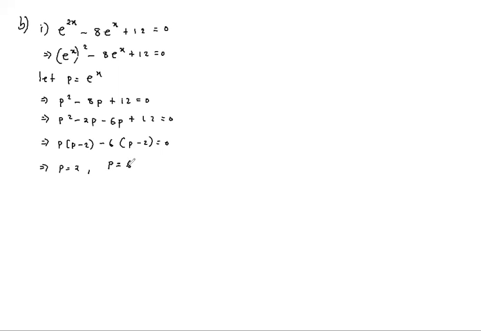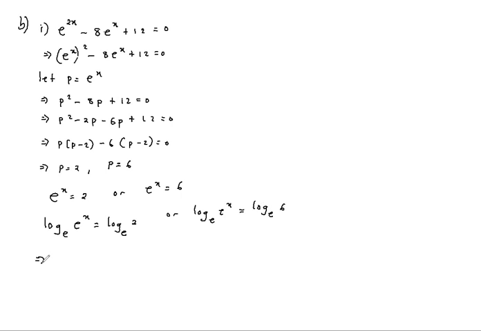But what is p? p is e^x. So e^x is 2 or e^x is 6. If we apply the logarithm, we apply the log base e to e^x, we also apply it on the right, to 2 and to 6.